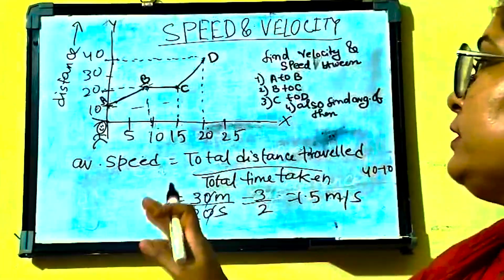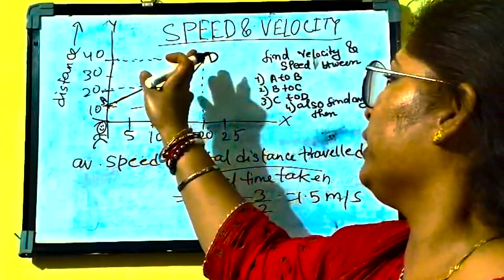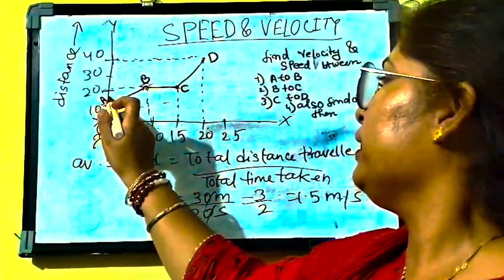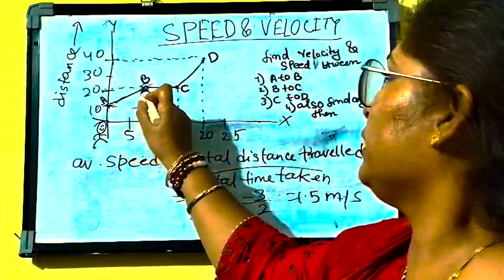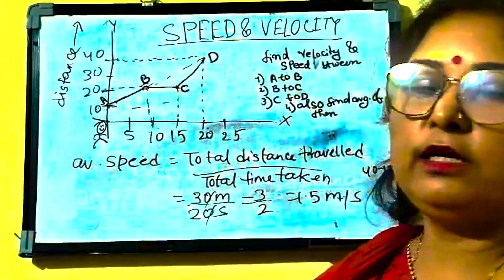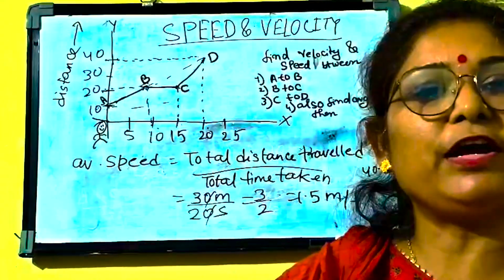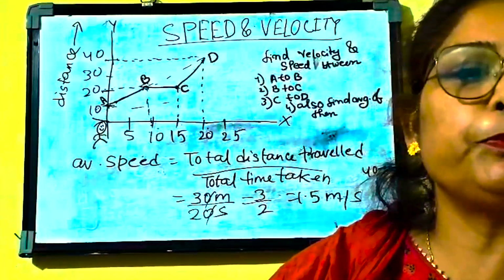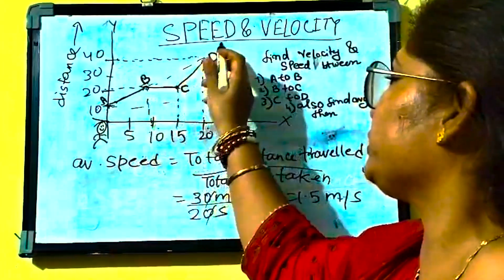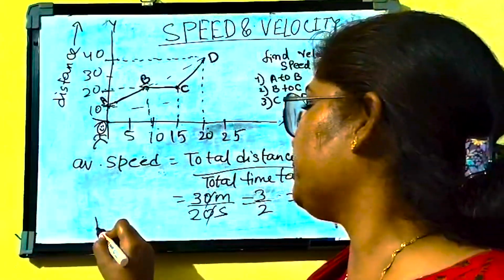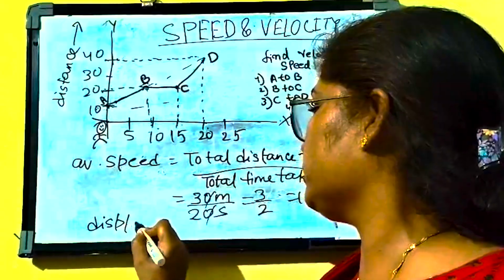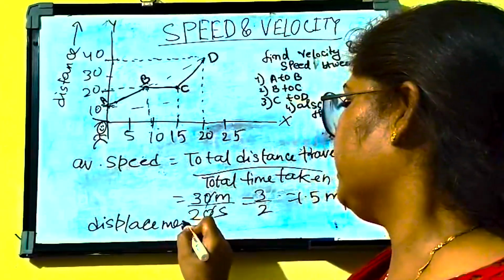When the object is going in that direction only, upward, not returning back, the distance between the initial position and the final position is known as the displacement. So what is the displacement? Write it in the comment box.